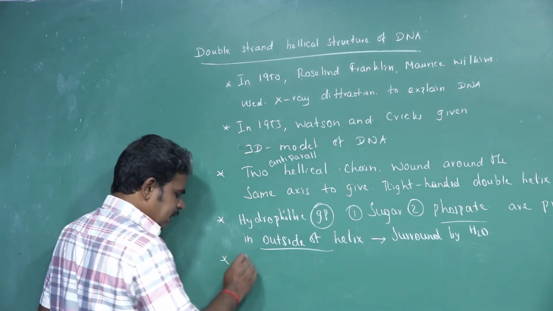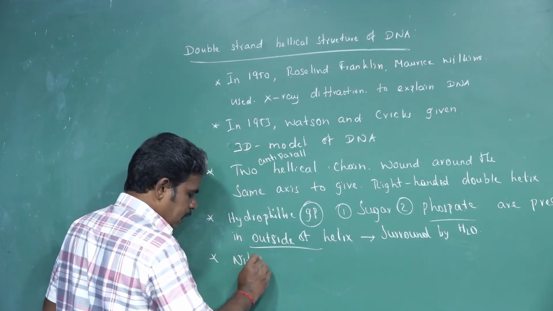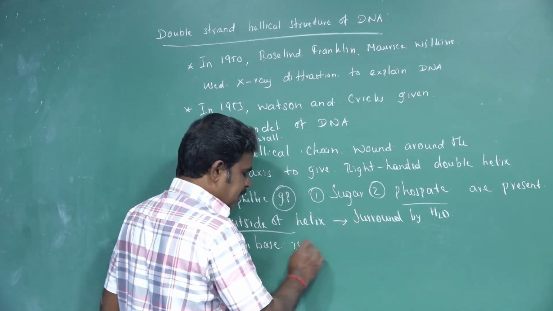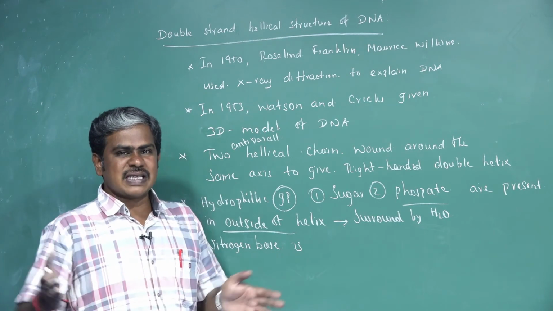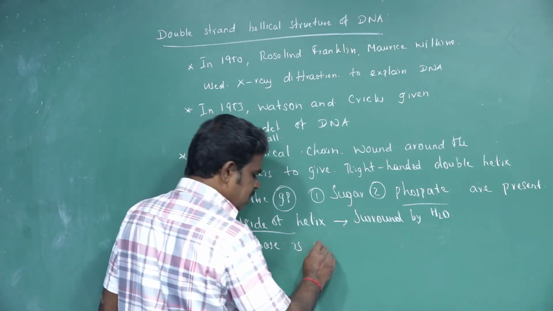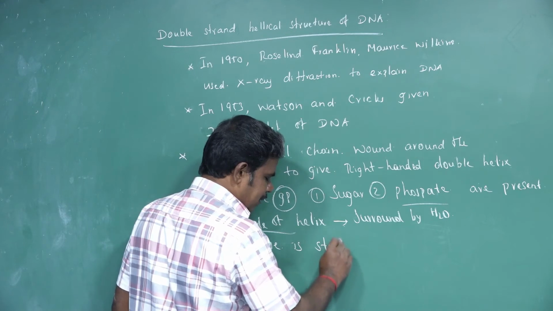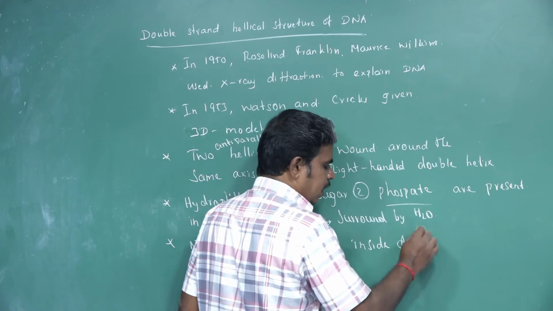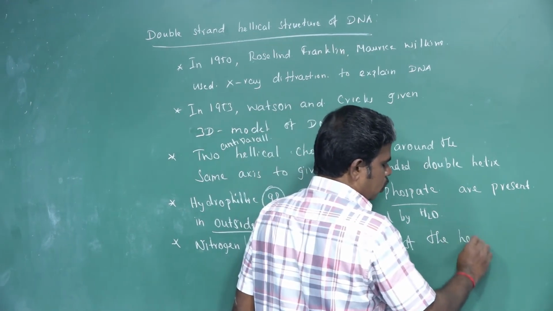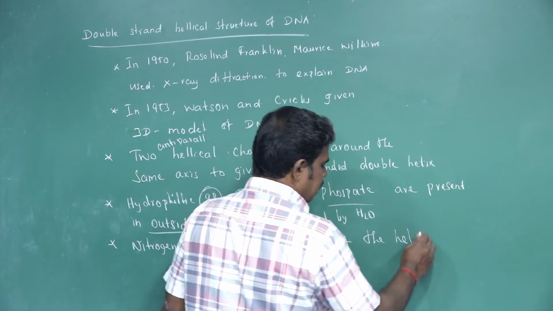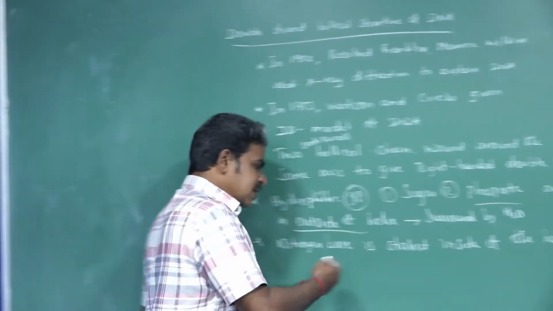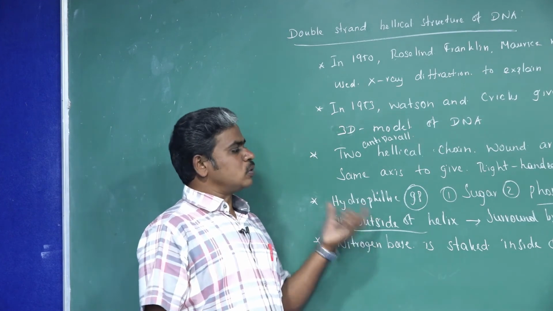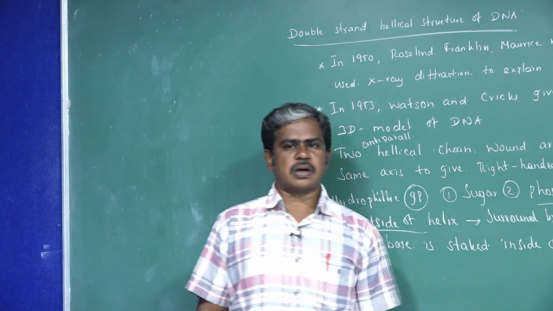Now we are taking that the nitrogen base is present inside of the helix, where it is stacked. So nitrogen bases are present inside of the helix, and on the outside there is the sugar and phosphate.